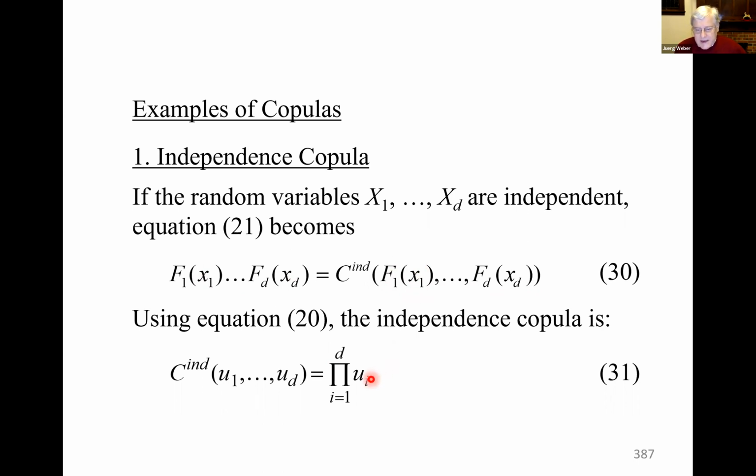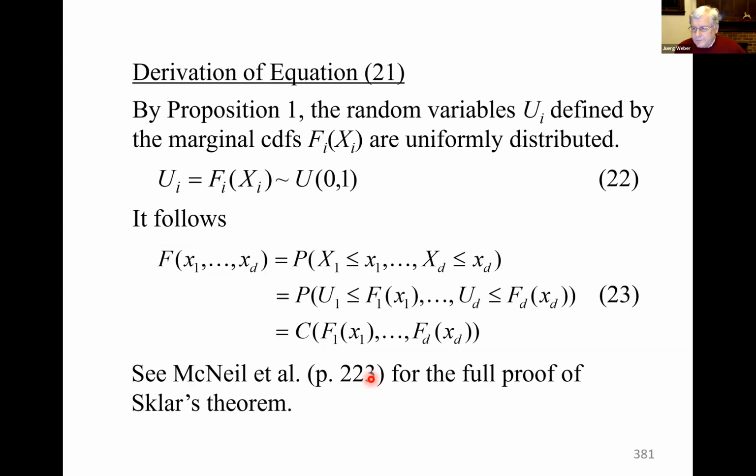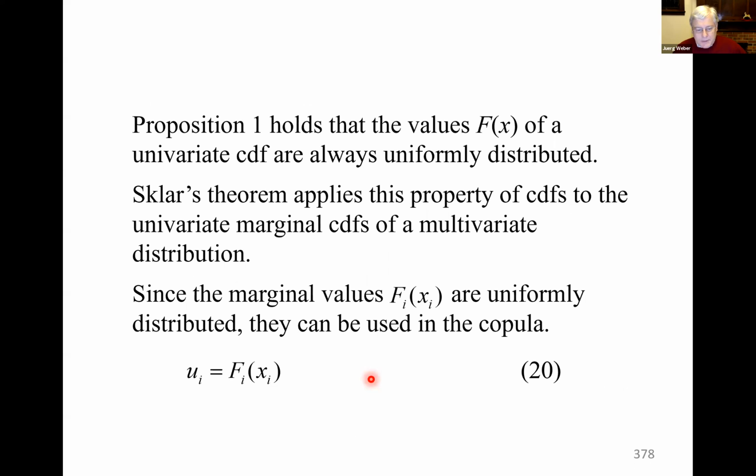That I think we had in equation 20. You see you have the initial x observations, and then you apply the CDF of the marginal distribution, and then you get the u's, and the u's are the input in the copula.